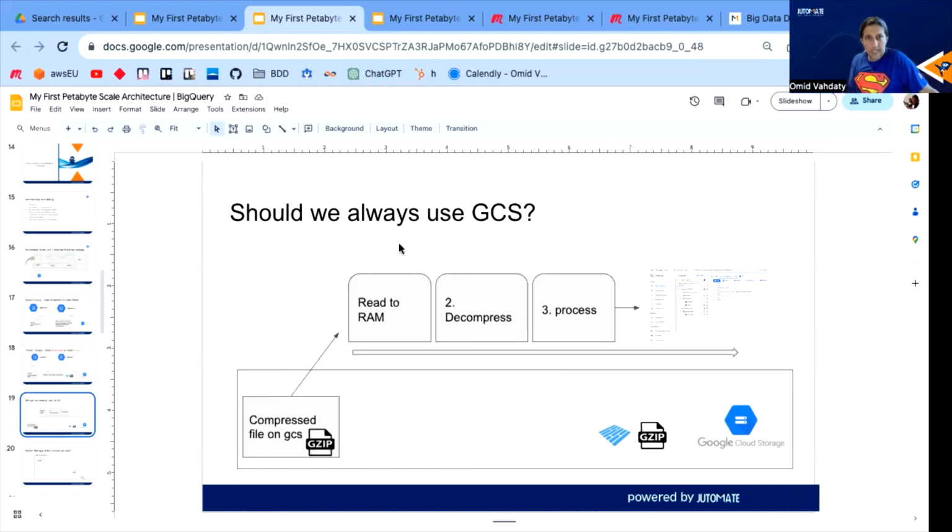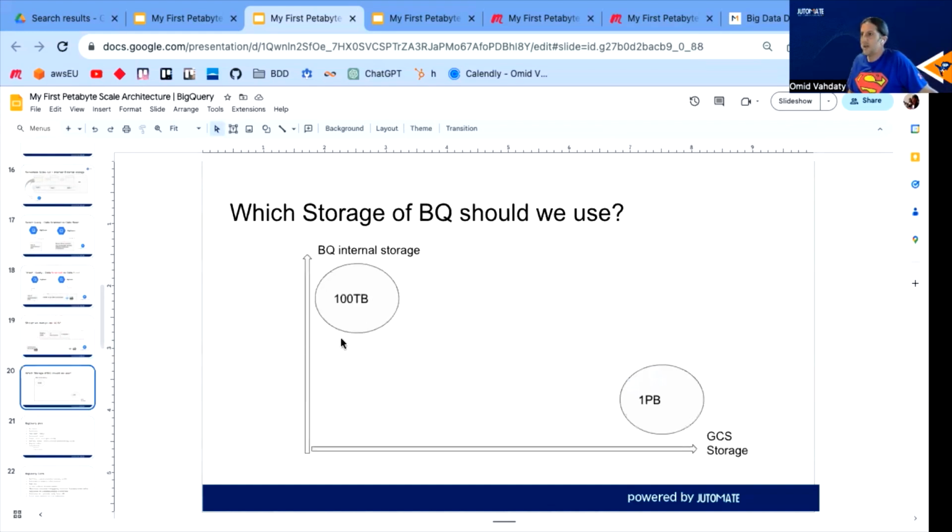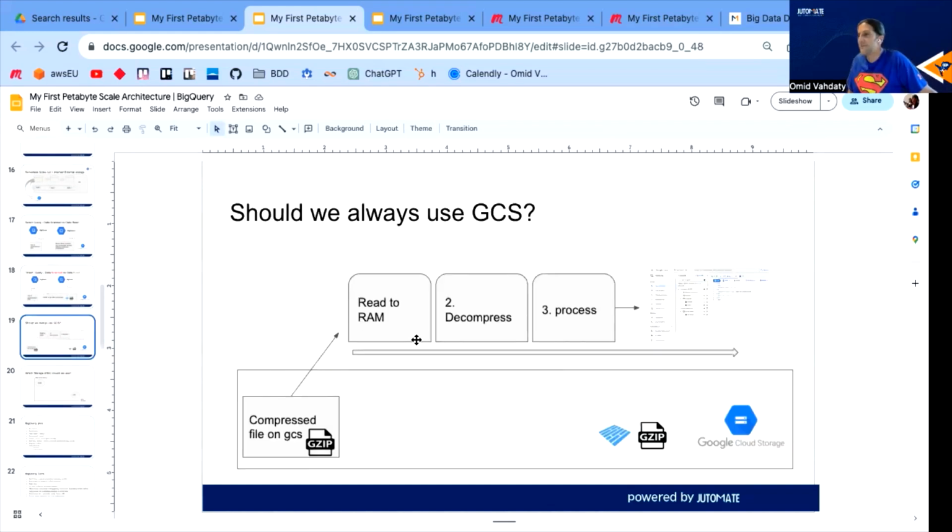As a rule of thumb, yes. But what's the problem? The problem is when you have small files, the penalty of decompression time may be longer than the time it takes to process data. Does it make sense?